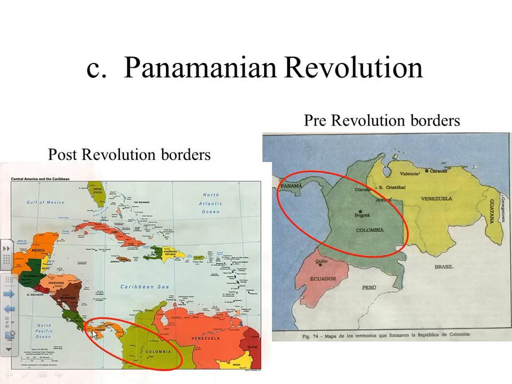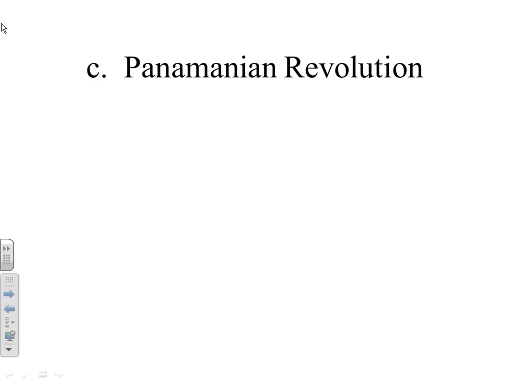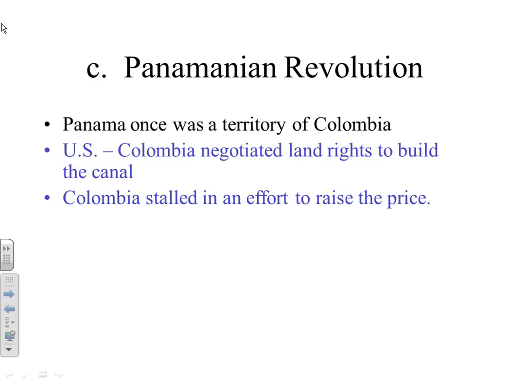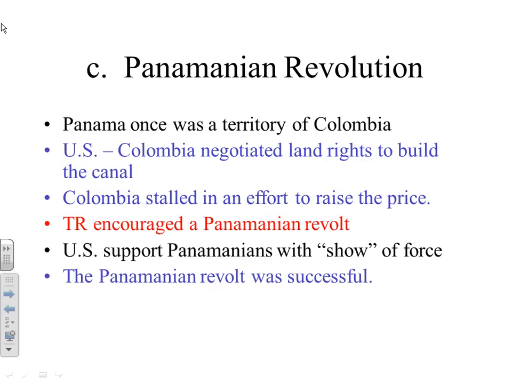So what happened here? Why did Panama have a revolution? Well, of course, the Panamanians wanted to be free and independent, but they really didn't have the means to fight and separate and become independent from Colombia. They would need some help. And who do you think the help came from? Well, of course, it came from the United States.